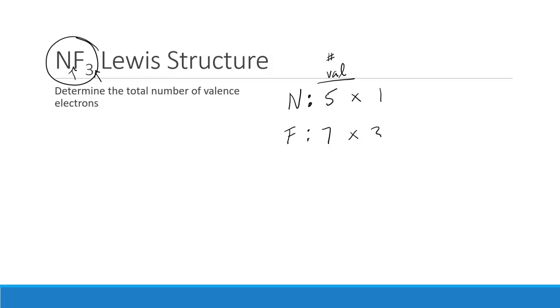So that gives me a total of 5 valence electrons coming from the 1 nitrogen and 21 valence electrons coming from the 3 fluorines. Add those together and we get a total of 26.